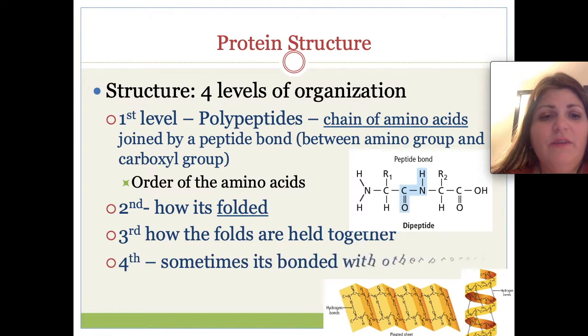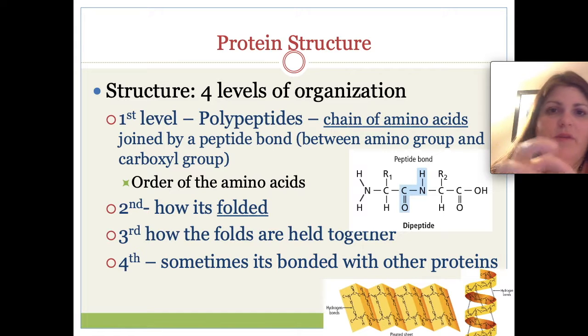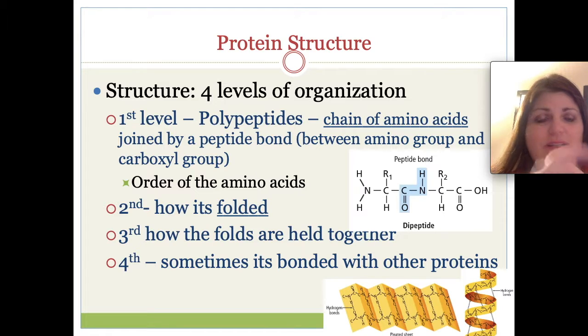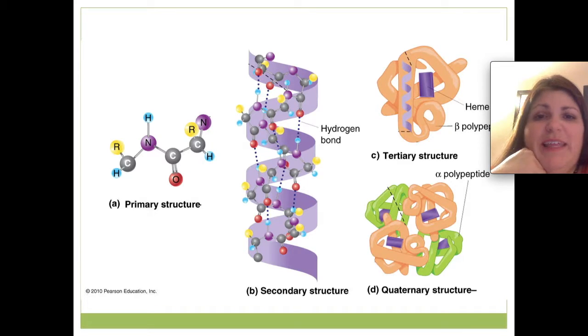And finally, the fourth level is that sometimes different protein structures are bonded together with other polypeptide chains that are folded and clumped to have one giant clump. And they look something like this. This huge quaternary structure was just these big globby molecules. I'll show you an example of one in class. And that's what basically makes up most of our cells. And they're all determined by what the order of the amino acids are.